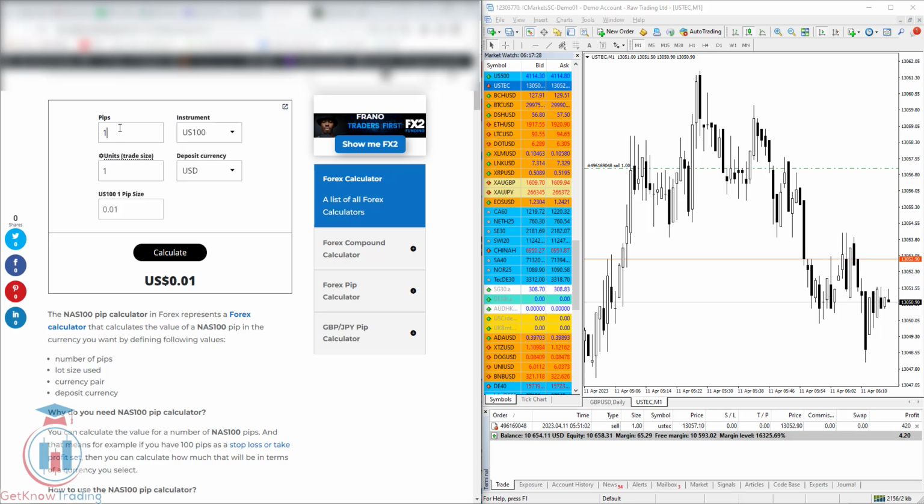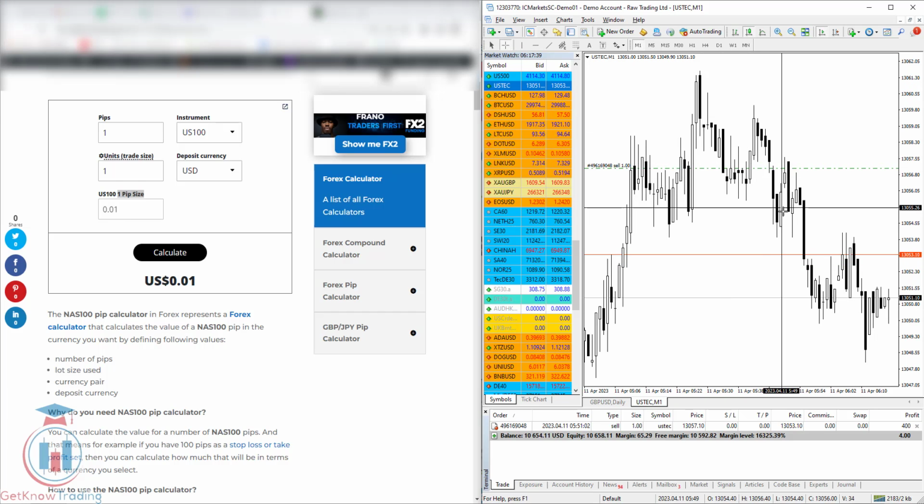But for the number of pips on the NAS100, you need to pay attention that the NASDAQ uses 1 pip size as 0.01. So when you go to the trading platform and you can see the price is 13,051.10, the last digits after the decimal point, so 10, mean 10 pips.